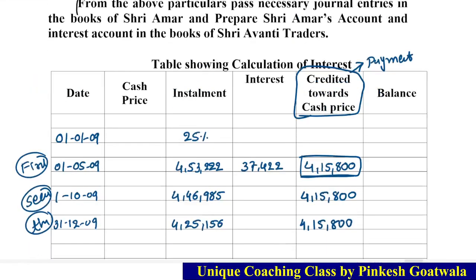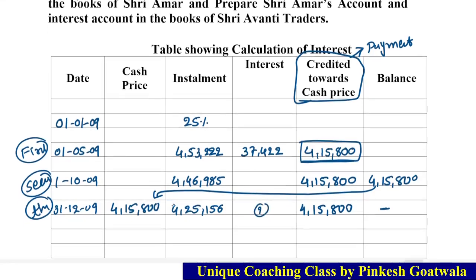Okay, now our sum is easily completed. We have a payment amount. How can we complete it? Look at here. We know that here it is always dash, and here always dash. So we will total both. So here we get 4,15,800. It will be transferred here, 4,15,800. Now how do we get this amount? We know this point. Whatever amount comes here, we will subtract the amount from it.